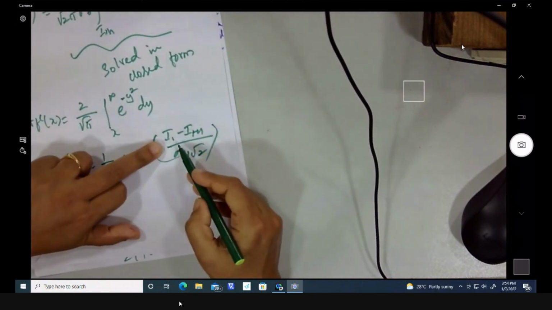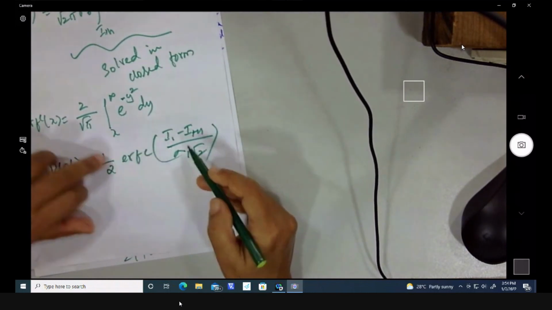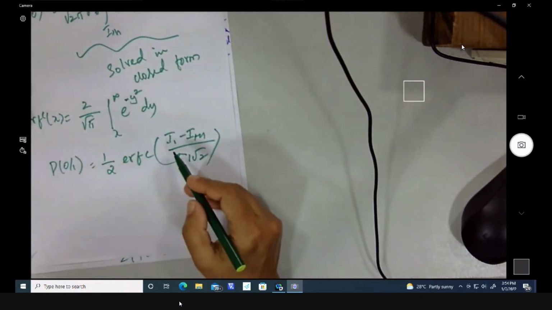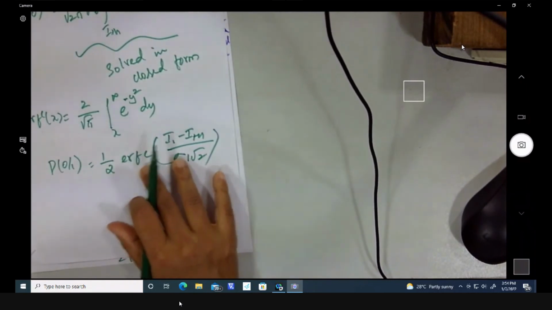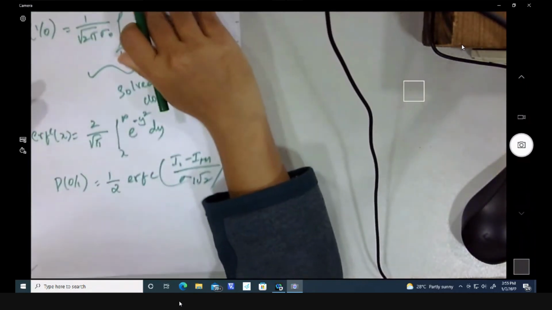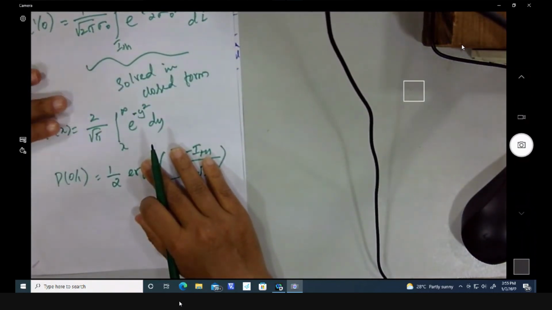So if you know the I1 value, ITH, and the standard deviation, we can get the value of this complementary error function from the table. So no need to solve this, since it cannot be solved in closed form. We convert it in terms of error function, because we can get the value from the table.